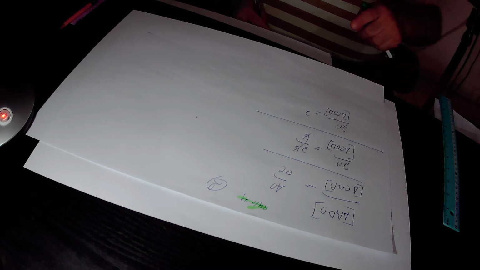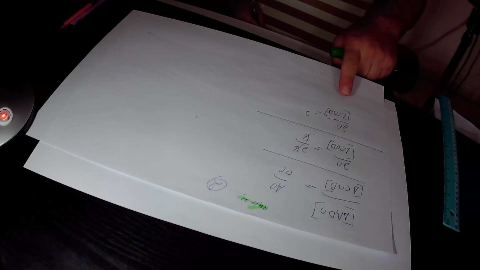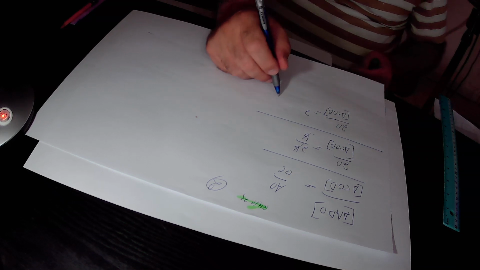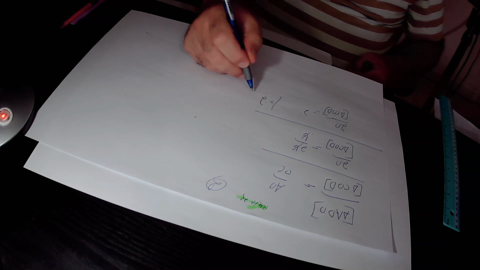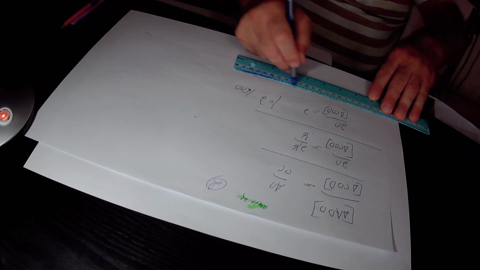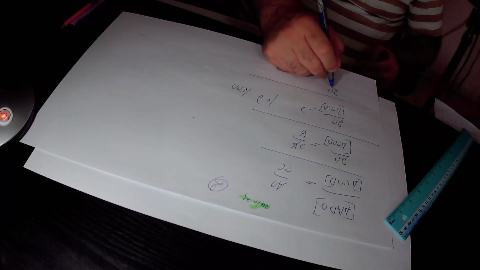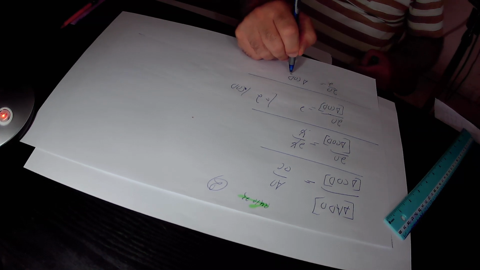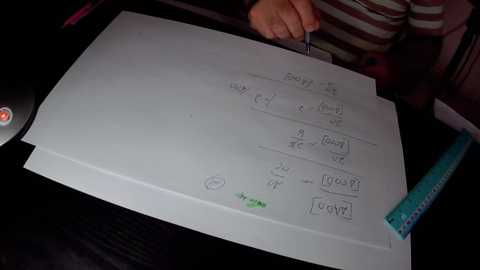Here we divide this equation by 2 and multiply this equation by the area of COD simultaneously. And we get that 20 over 2 equals the area of triangle COD. 20 over 2 is 10.